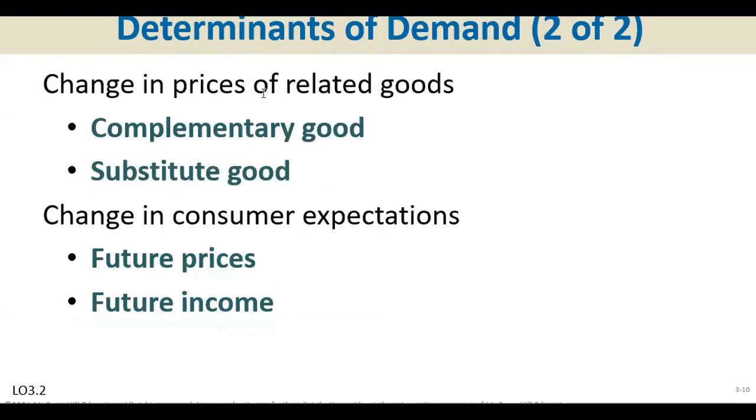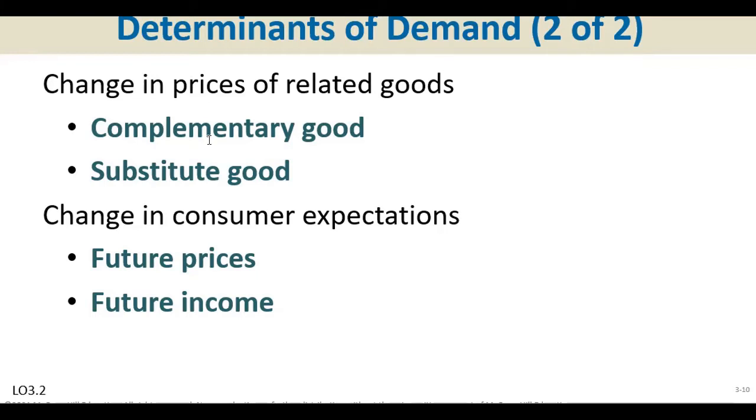Change in the prices of related goods. Here we allude to complementary goods and substitute goods. Complementary goods are goods that you use jointly. So if the price of one increases, the quantity demanded of the other is going to go down, because if you purchase that one, you still have to purchase the expensive good. Substitute goods are goods that you use either or, and they give you the same or similar satisfaction.